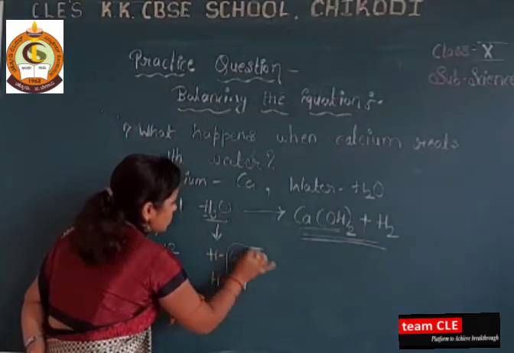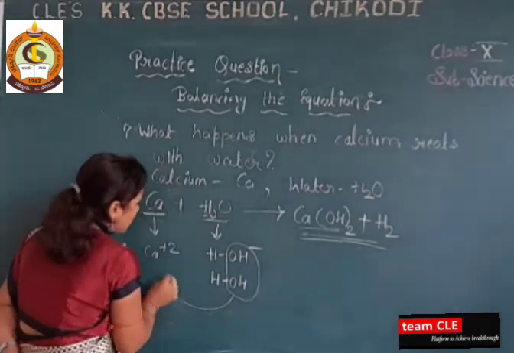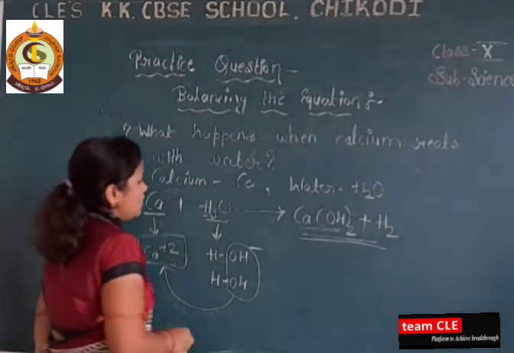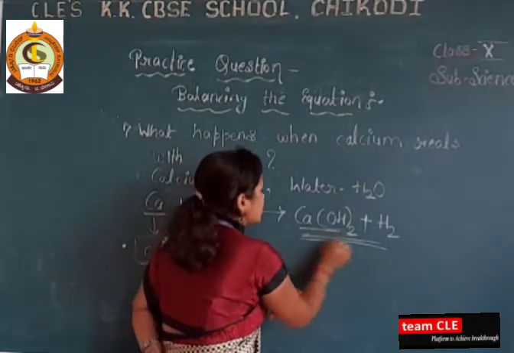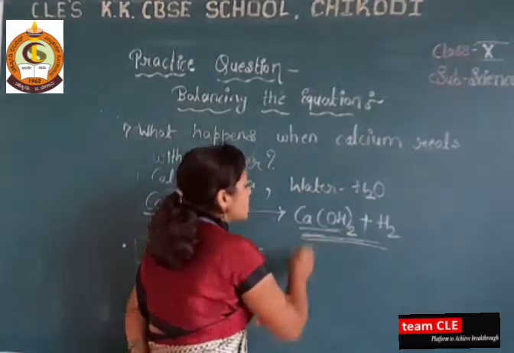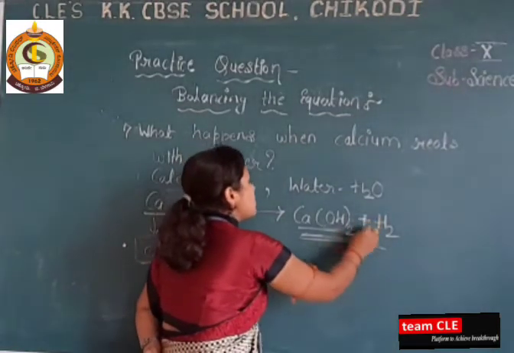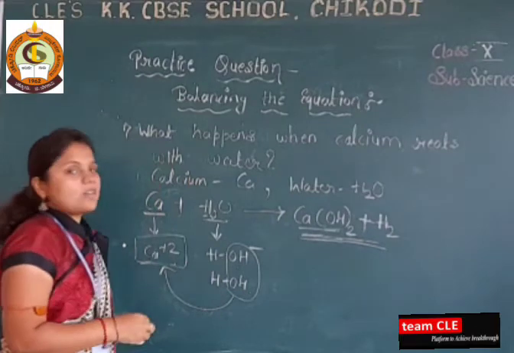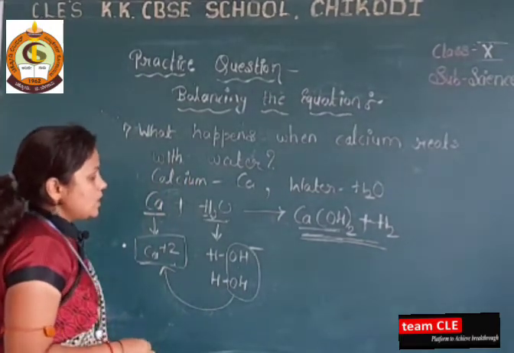So these 2 OH will make the bond with calcium. Finally we got calcium dihydroxide, calcium hydroxide plus the formation of hydrogen.